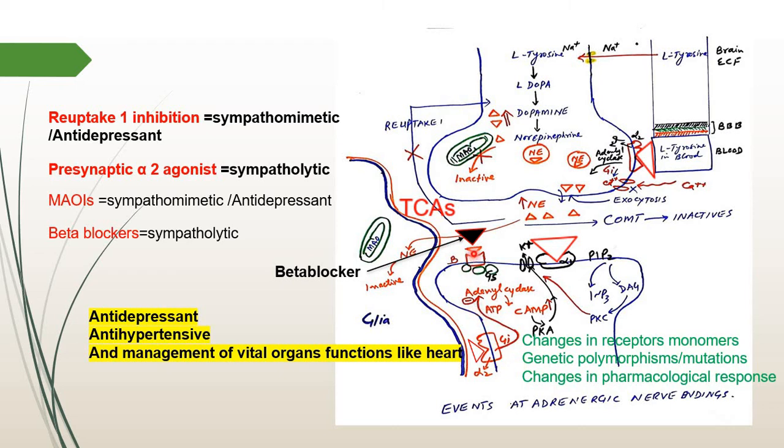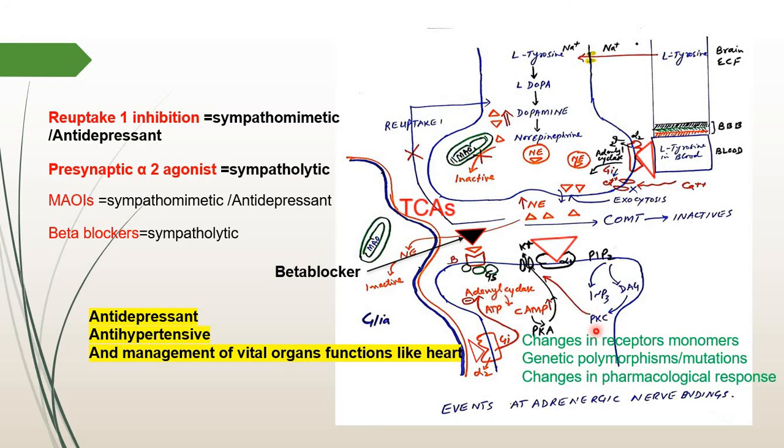If norepinephrine comes and attaches with beta receptors, it has a positive effect on adenylyl cyclase and cyclic AMP level rises, so the binding of alpha 2 receptors with norepinephrine will have an inhibitory, or rather a controlling, effect on the adenylyl cyclase system. This is important for understanding.